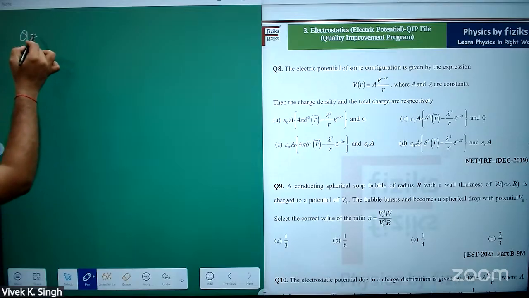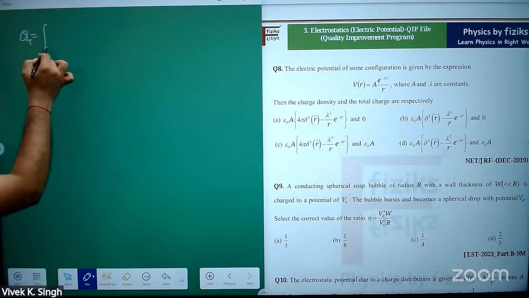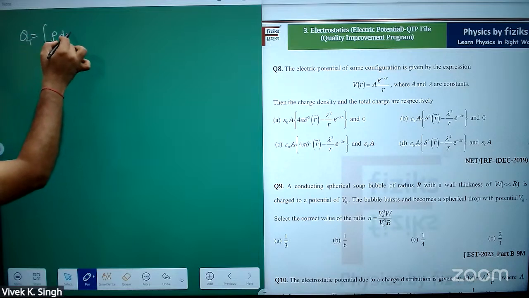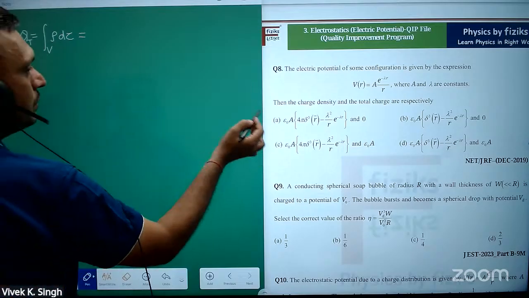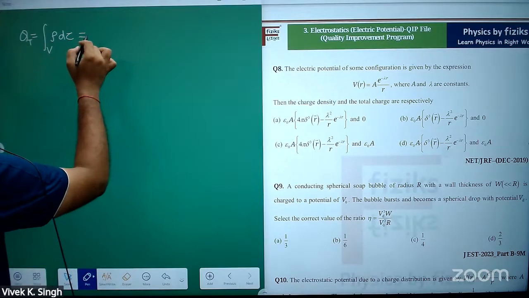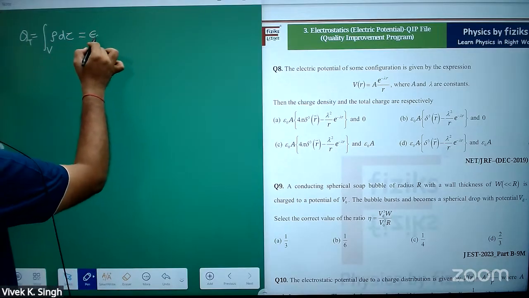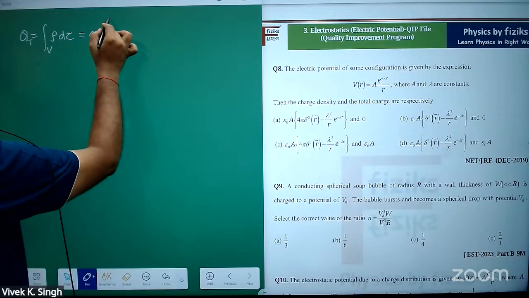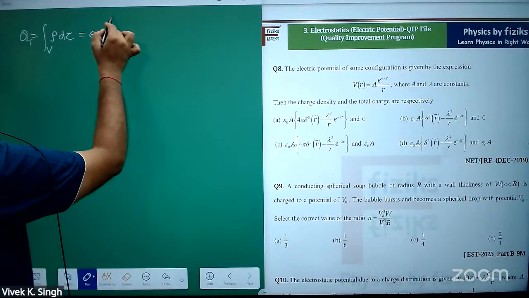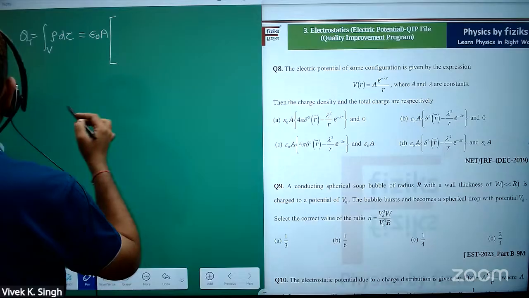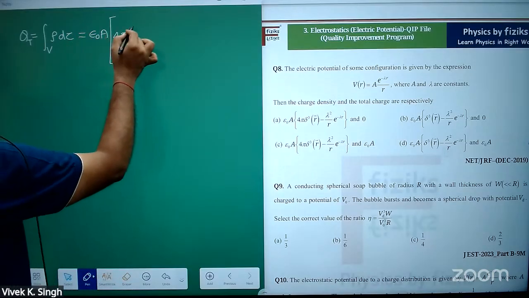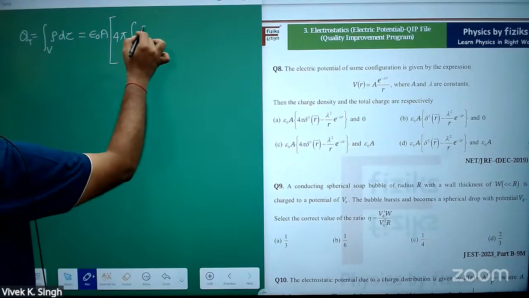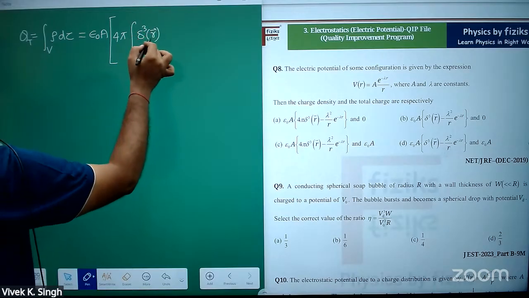Rho we have already calculated. So you are writing here epsilon naught a. First term is 4 pi Dirac delta function, so this will be given by 4 pi delta r d tau.